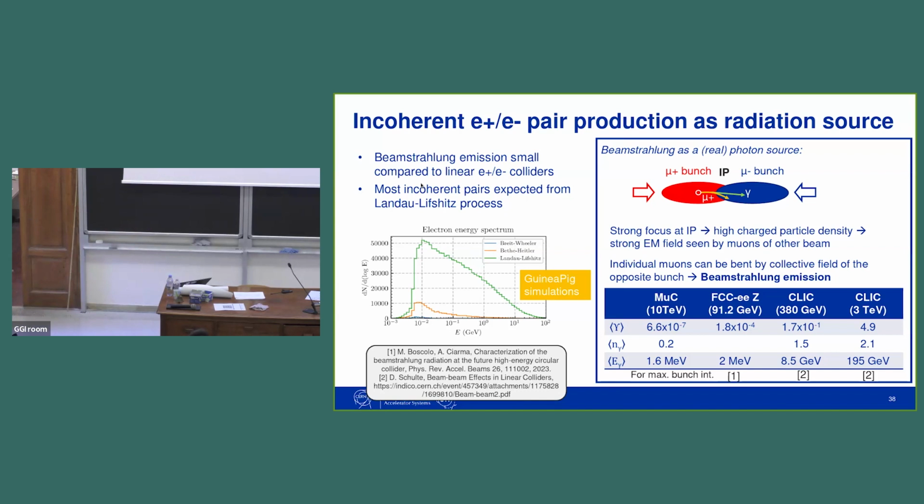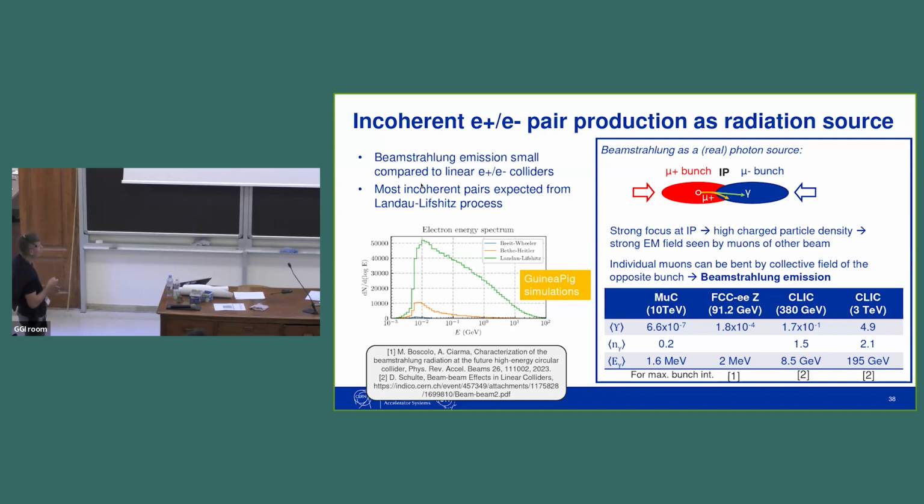For the muon collider, let me first take one step back. Beamstrahlung means that a high-energy charged particle can be deflected by the high charged particle density of the other beam, so by the collective field of the other bunch.